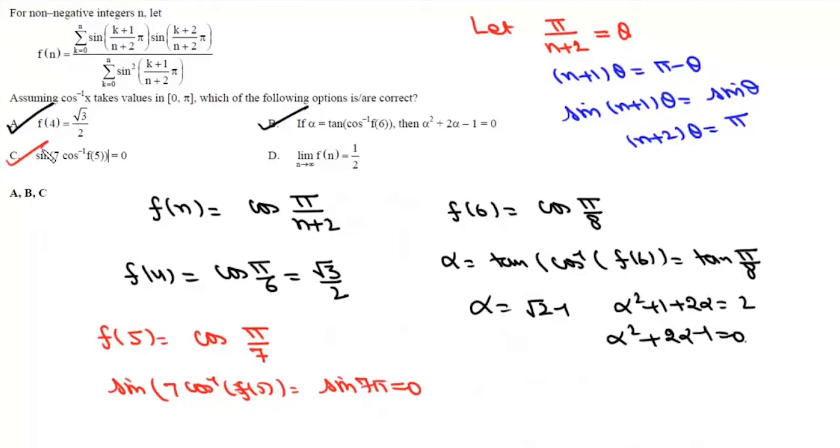That means option C is also correct. And then the limit as n tends to infinity of fn will be the limit as n tends to infinity of cos(pi upon n plus 2). Now this is cos 0 and cos 0 is 1. So option D is incorrect. So the correct options are A, B and C.